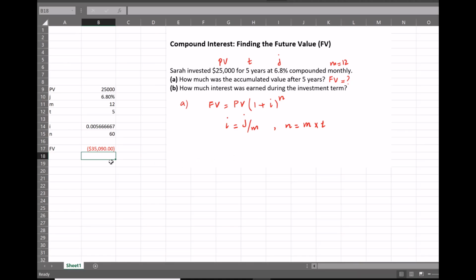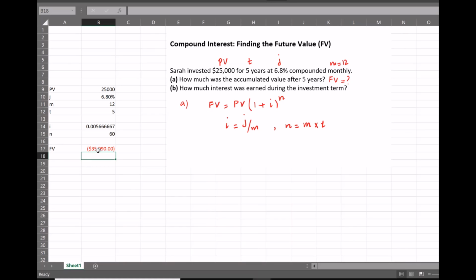The reason that it's highlighted in red and sitting inside round brackets is that Excel, just like a financial calculator, follows sign convention for cash inflow and cash outflow. Because $25,000 is input as a positive number, the future value is calculated and given as a cash outflow, or a negative number.